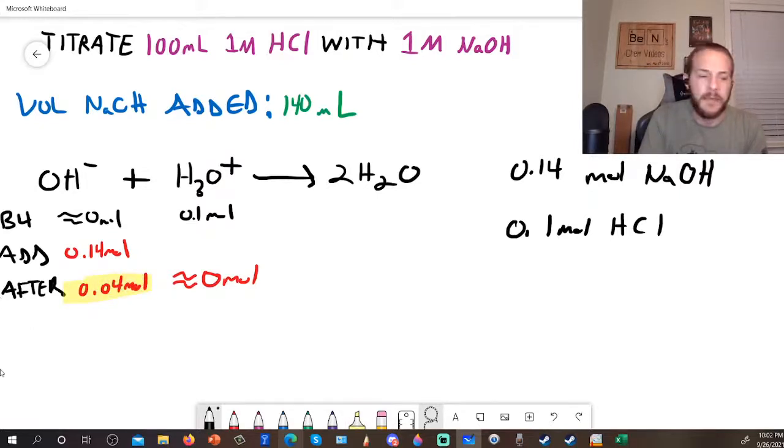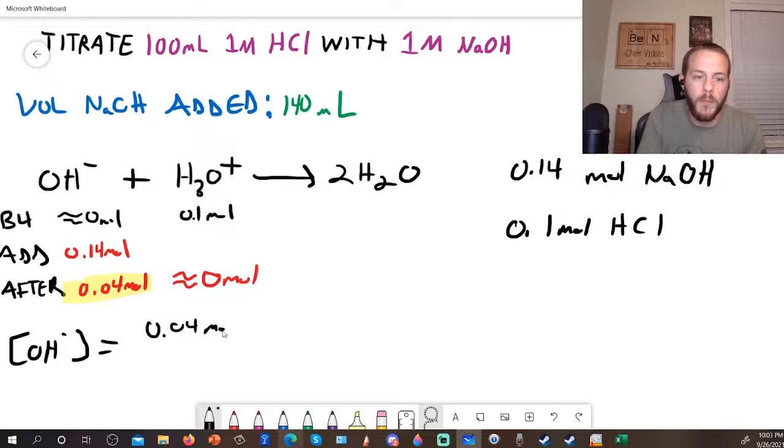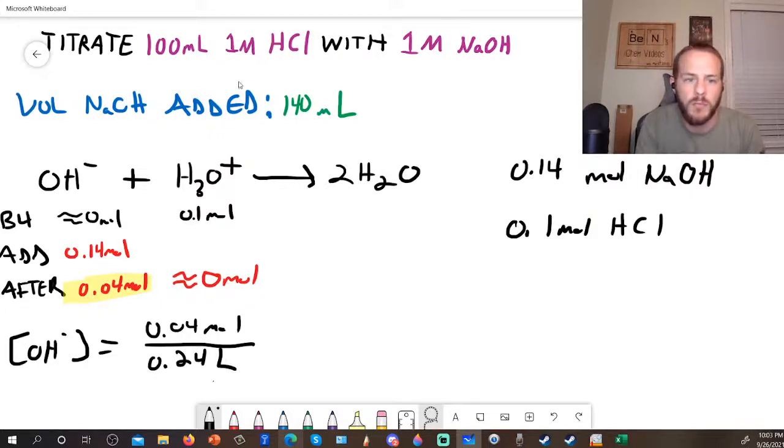To get the concentration, we're simply going to take that 0.04 moles of hydroxide and divide by the total volume. Total volume in this case is 100 milliliters plus 140 milliliters, so that's 0.24 liters, right? 240 milliliters converted to liters is 0.24 liters.